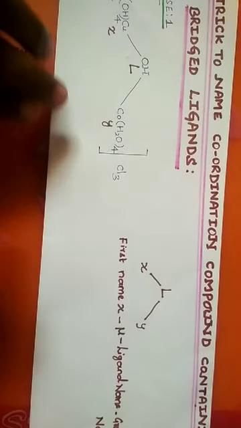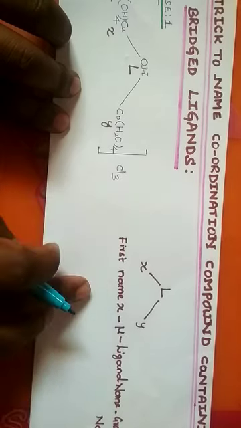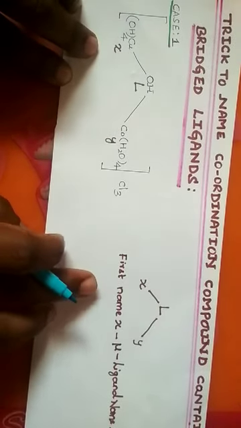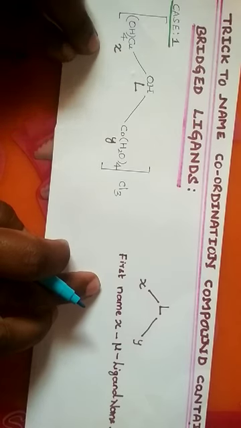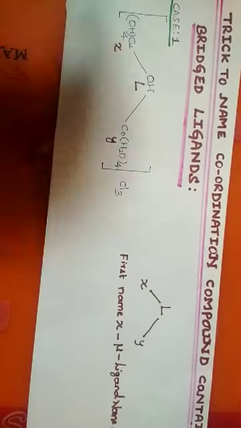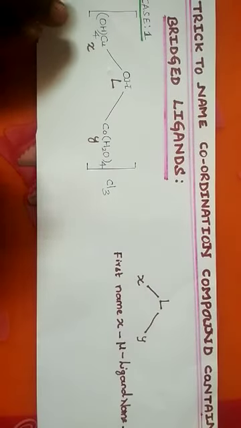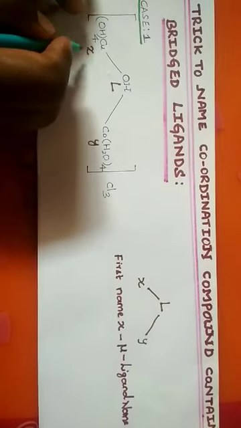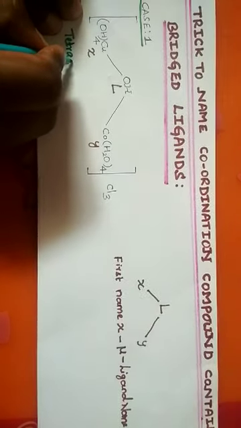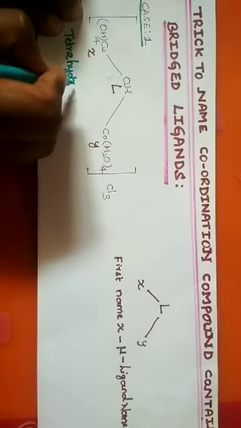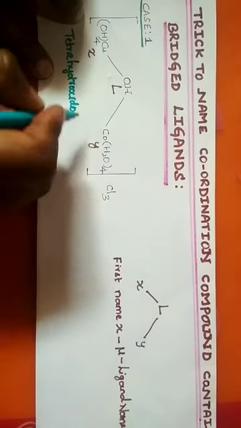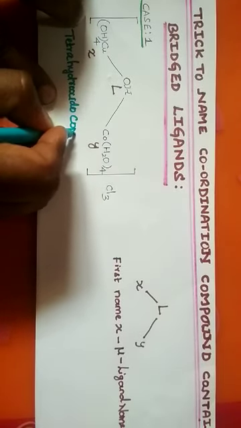Yes, according to the rule of case 1, we can name this example. First, the name of X: you can write, how many are there, 4 OH groups are there. Then you can write tetra, hydroxido; OH we call hydroxido. Copper is there, so you can write the name copper.